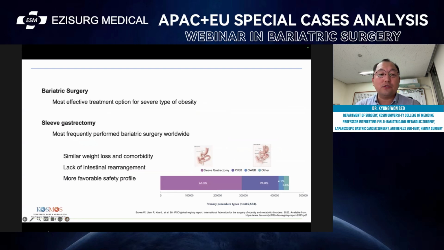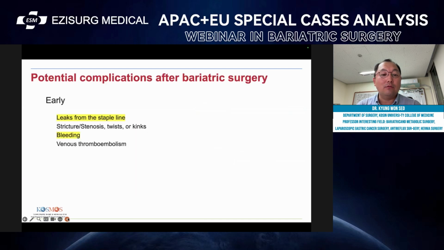Among the various procedures, sleeve gastrectomy is the most frequently performed bariatric surgery worldwide. This is because it has similar weight loss and comorbidity improvement, a lack of intestinal rearrangement, and a more favorable safety profile. So two-thirds of bariatric surgery is now sleeve gastrectomy.